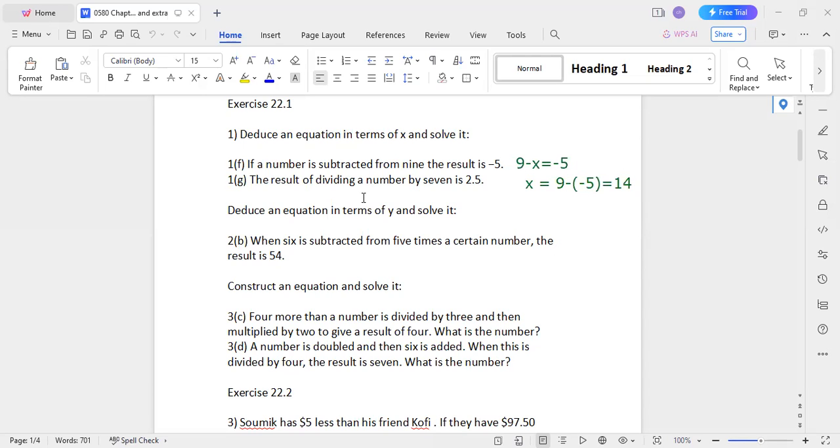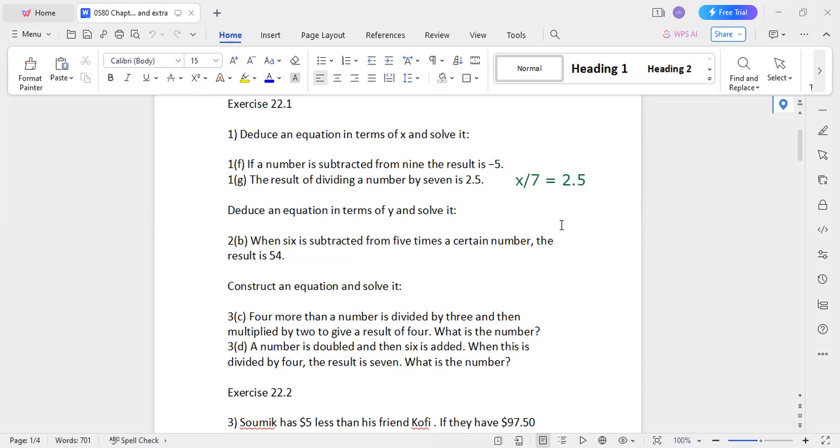How about Shamin next? What do you get when you divide a number by 7 to give 2.5? x divided by 7 equals 2.5. Yep. So how would we find x? Is it 7 multiplied by 2.5?